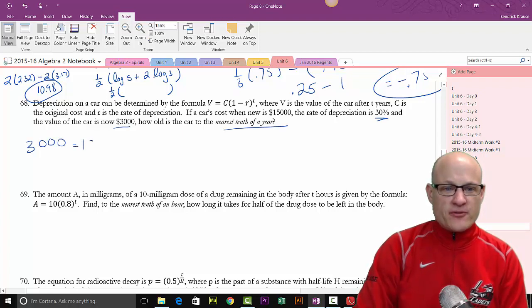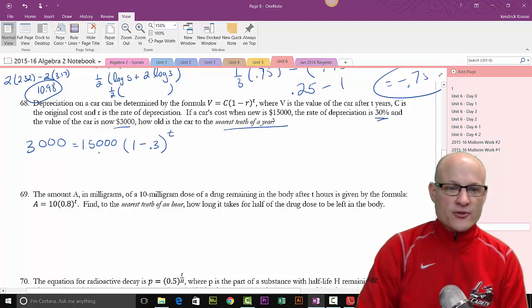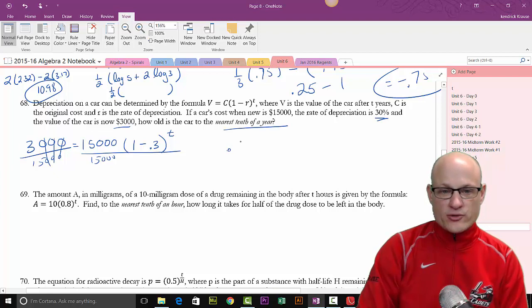The original value was $15,000. And we're going to do that 1 minus 0.3 to the t. So the first thing I do is divide by 15,000 and cast out the zeros. So I get 1/5, or on your calculator, 0.2 equals 0.7 to the t, because 1 minus 0.3 is 0.7.